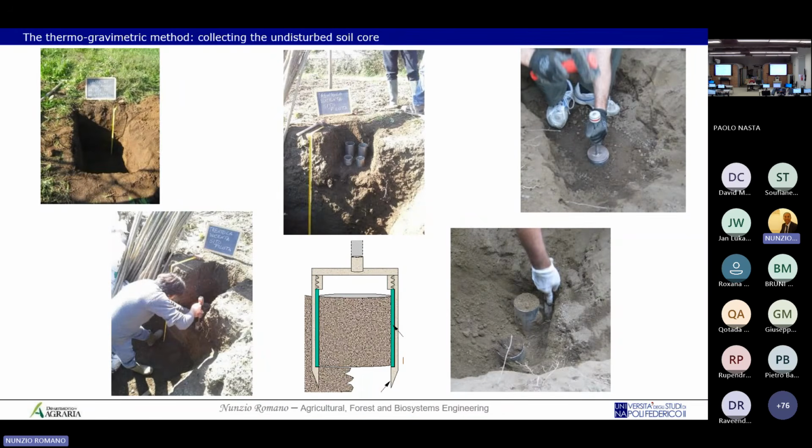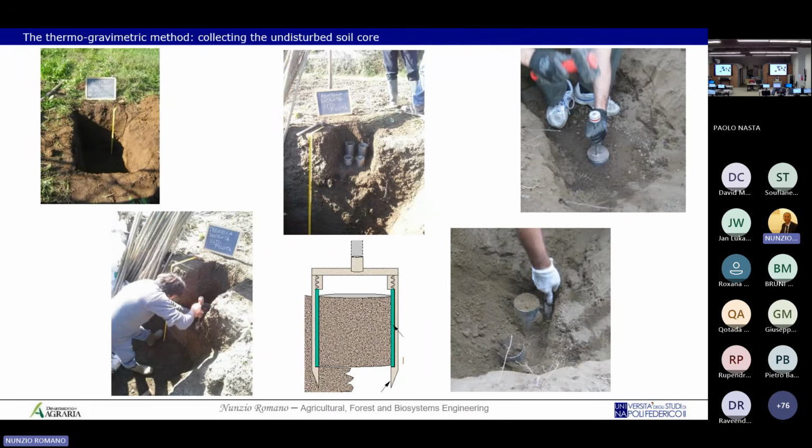And again, it's important to obtain the undisturbed soil core if you need the volumetric water content, because you need precise information about the volume. If you collect disturbed soil, you can only obtain the gravimetric water content.